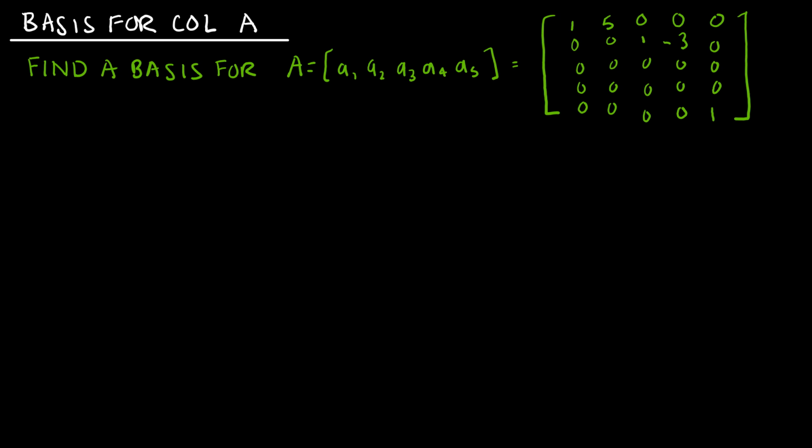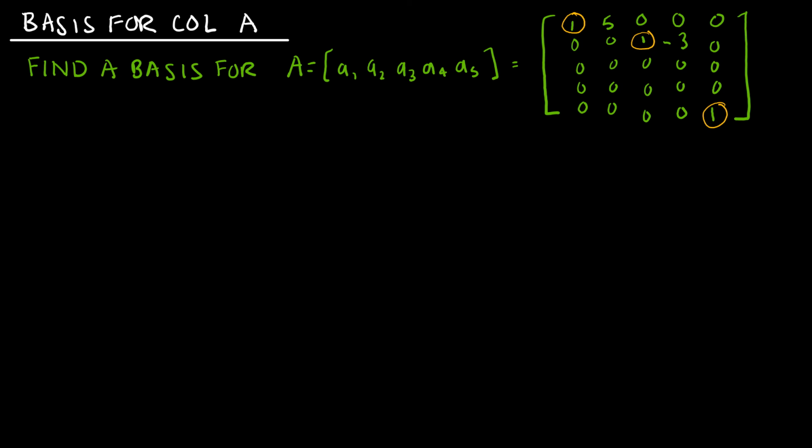If I wanted to, I could point out that this is a pivot, and this is a pivot, and this is a pivot, and the other values are not pivot columns. What I'm looking for is a basis. If we recall, a basis has vectors that are linearly independent, which means they cannot be written as linear combinations of one another, and they still span, in this case, the column space of A.